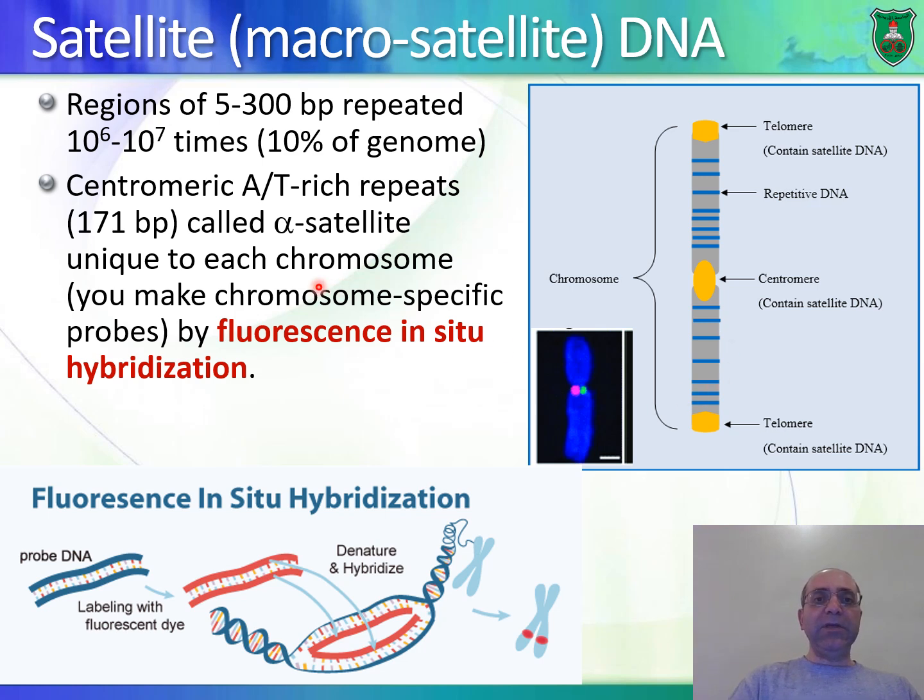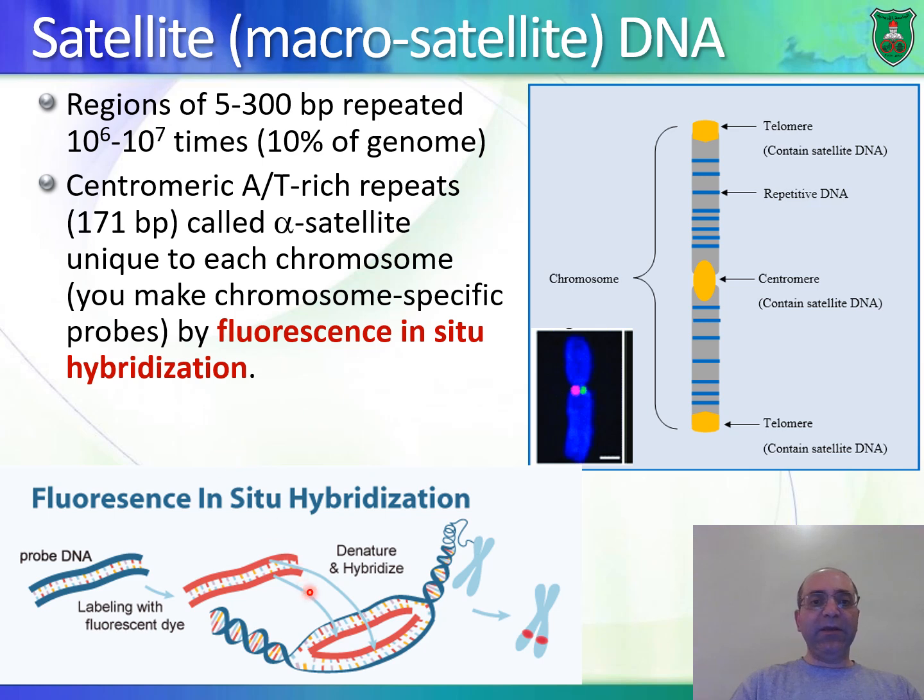Now, these regions, by the way, can be stained through a technique known as fluorescence in situ hybridization. You know what hybridization means. In situ means in place. So what you're doing is staining a certain thing in its place using fluorescence methods.